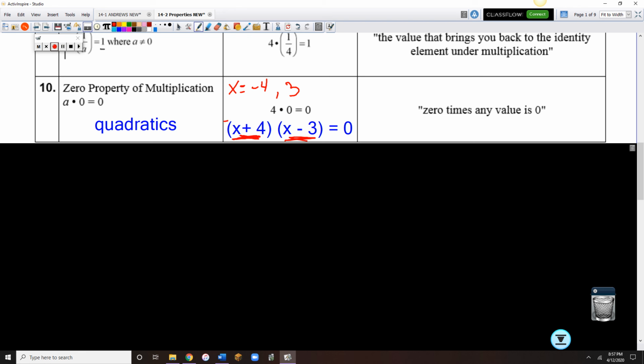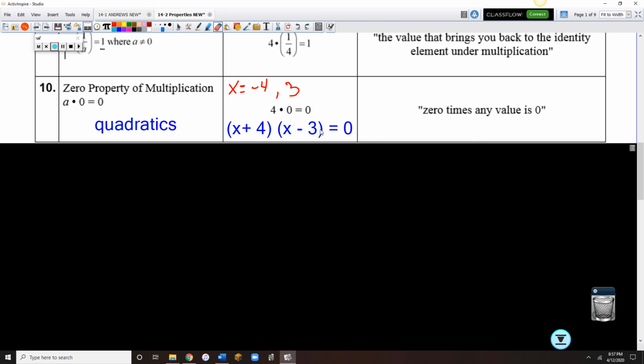If I plug -4 in for this x, the whole thing becomes one big 0. And then it doesn't even matter what happens in the second parenthesis, because if I distribute a 0 to x minus 3, my answer is 0. So that's why the solution of x equaling -4 works. And that's where we're using the zero property of multiplication in algebra.